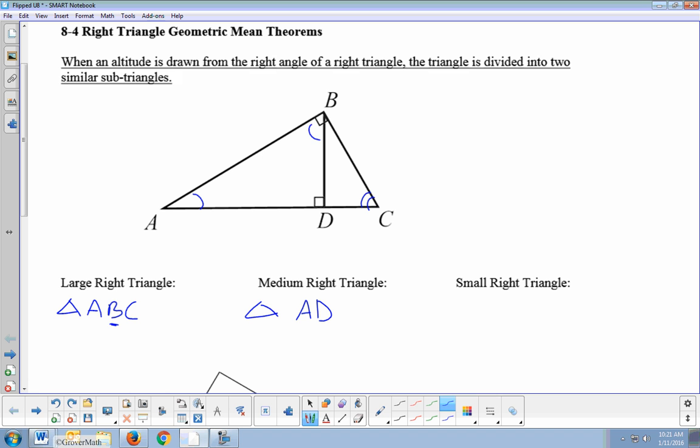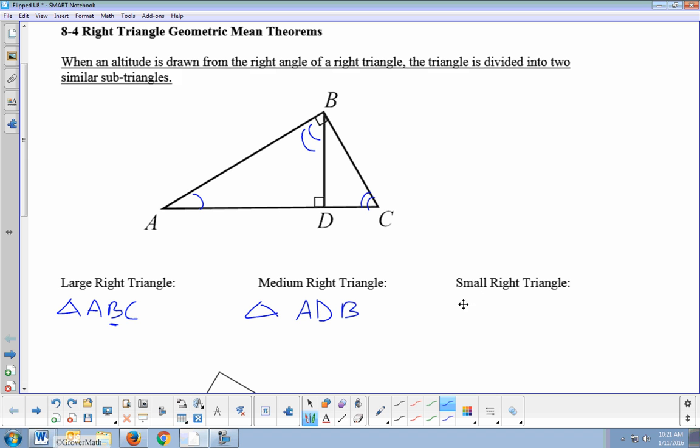And then we would have the next smallest angle in here, so that would be B. So ABC of the big triangle corresponds to ADB of the medium triangle. So this angle in here is the same measurement as this angle here. And I really wouldn't call this angle B, I'd have to call it ABD. But these two angles will have the same measurements.